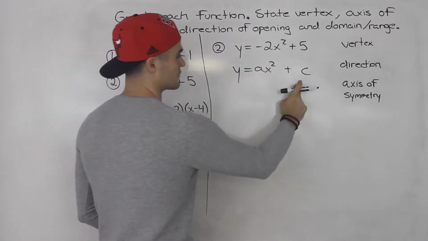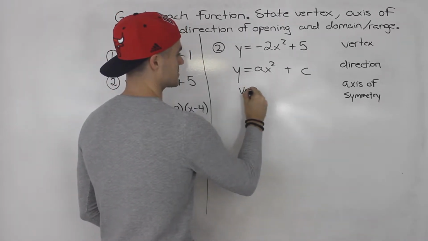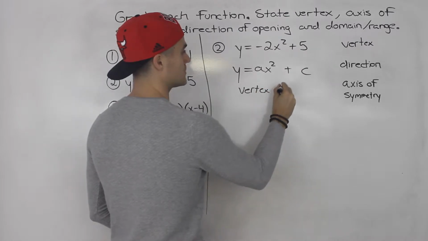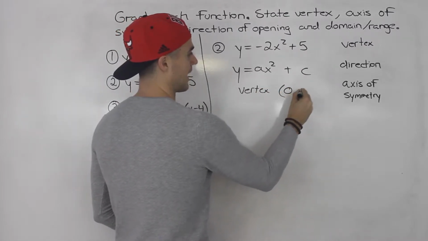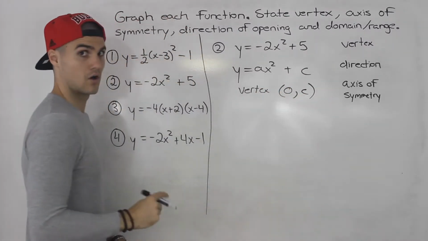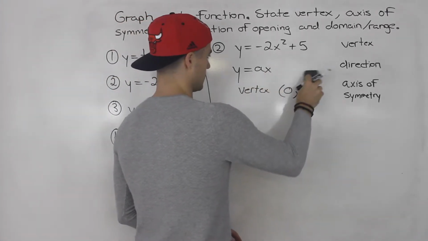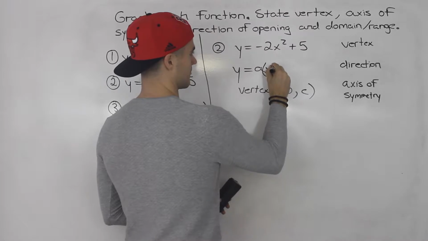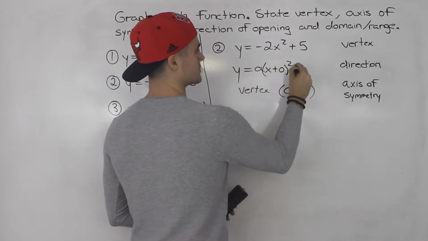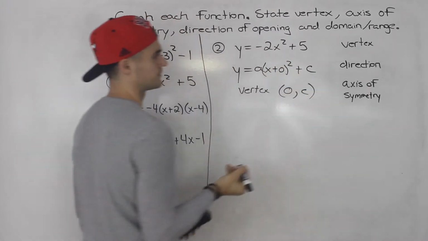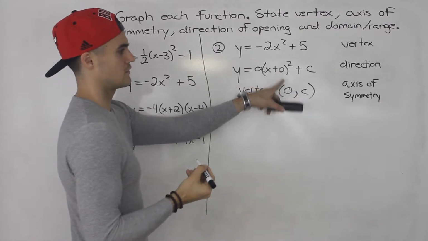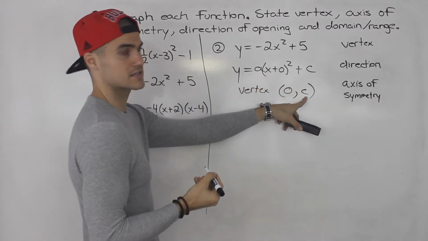Whenever you get something in this format, the vertex is always going to be 0 and the c value. Always. So the reason why is we could actually rewrite this as (x plus 0) squared plus c. Right? X value of the vertex 0, y value of the vertex is c.